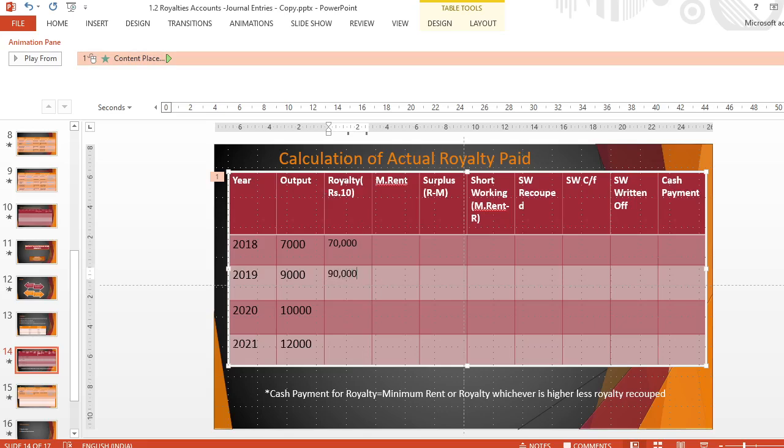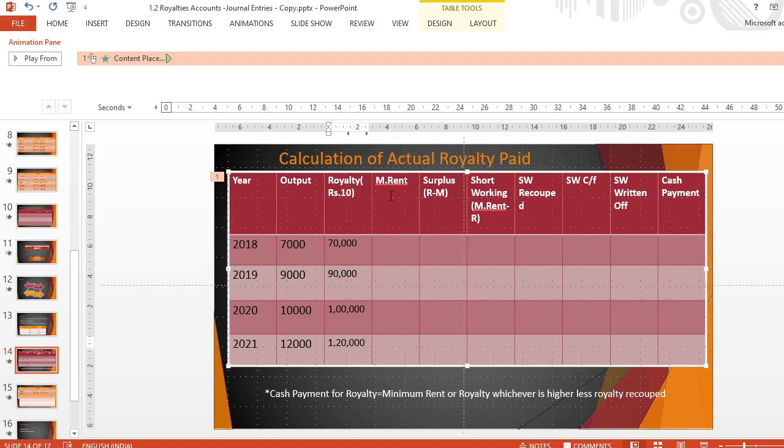So it is 90,000. In the year 2020, 10,000 into 10 rupees. So it is 1 lakh. And 2021, 12,000 into 10, it is 1 lakh 20,000. Royalty calculation: output into royalty per unit.